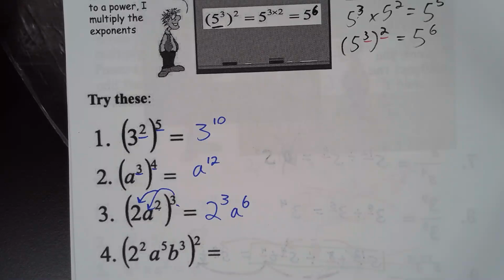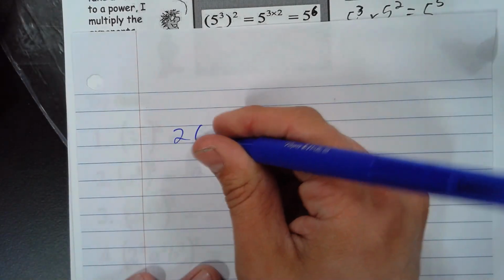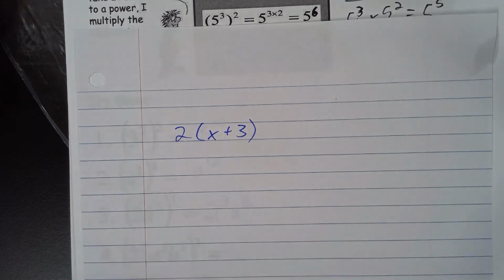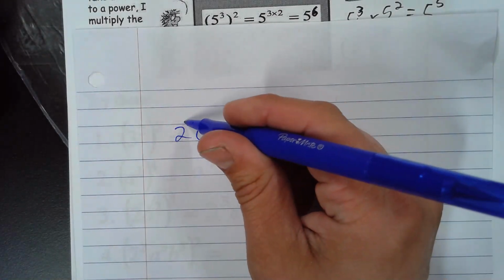Do you guys remember distribution, or did you guys do distribution in math lab? No, I guess you wouldn't have. Never mind. An example of distribution would be where you have 2 and you have to multiply everything on the inside.